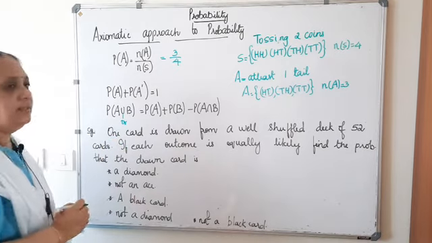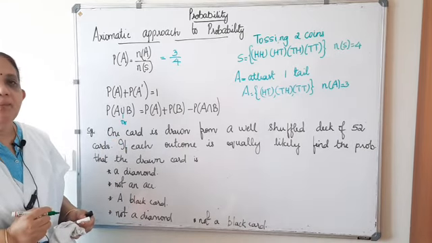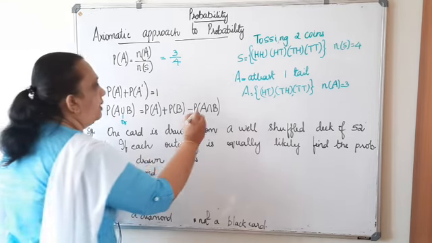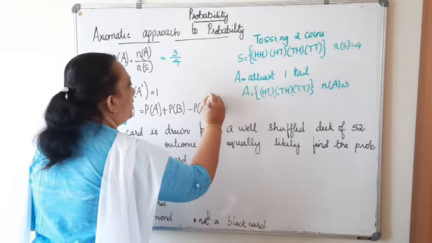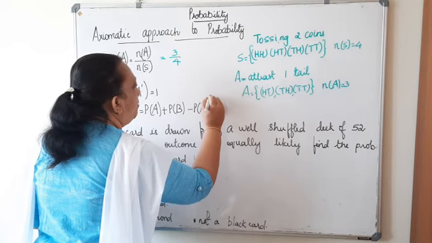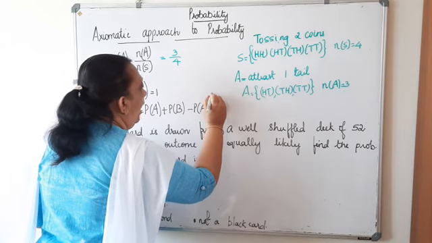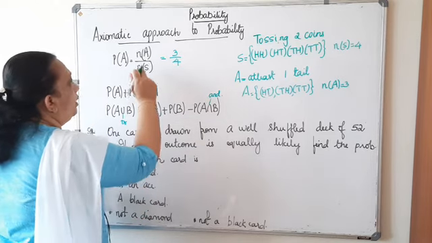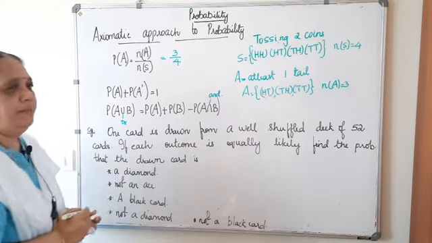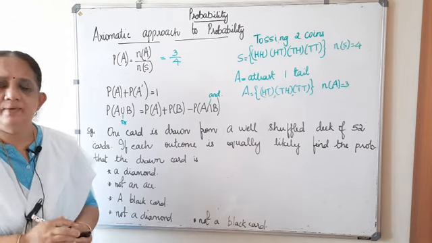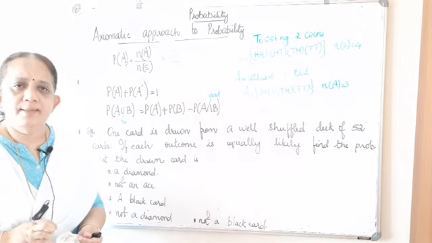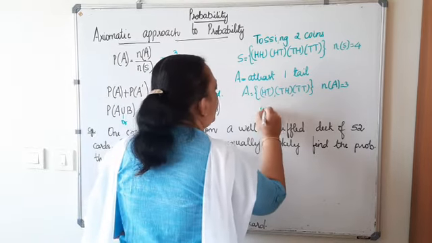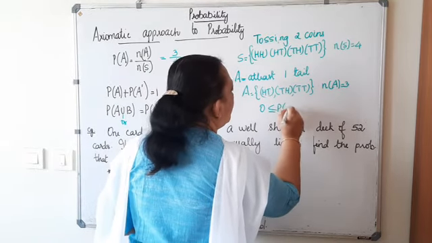P of A union B is equal to P of A plus P of B minus P of A intersection B. And P of A will be equal to N of A by N of S. And you can very well understand that probability is always a number between 0 and 1.